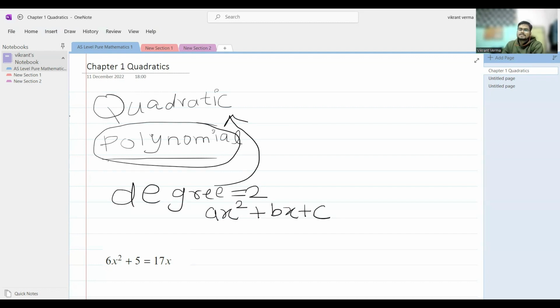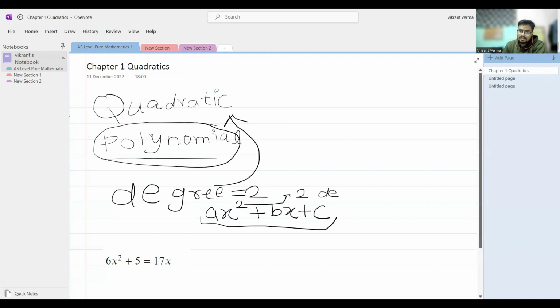This is a general member where the degree is 2. You can see this is the highest degree, it is 2. This is known as the degree of the polynomial.